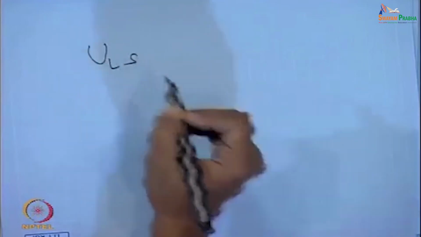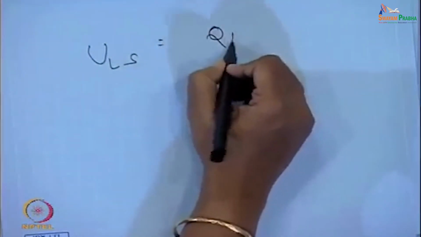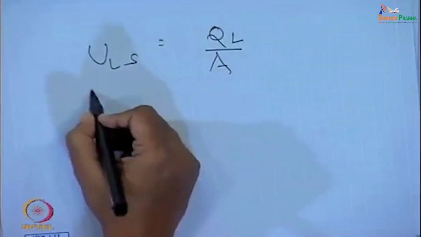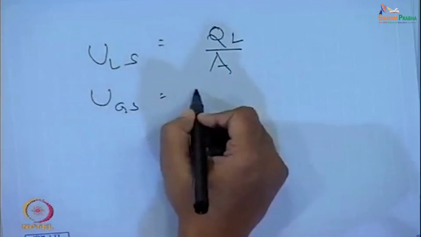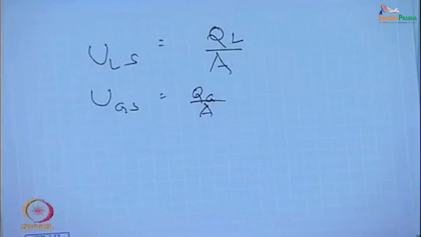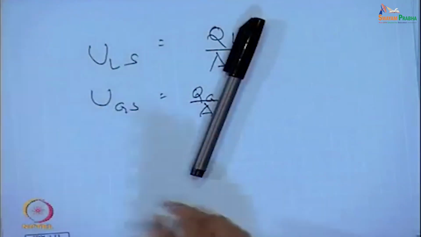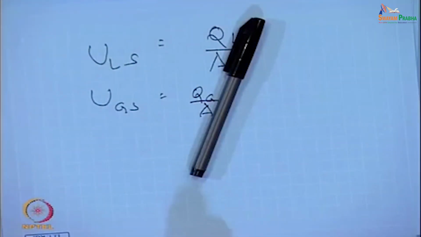We will deal with all the nomenclature in detail after we finish the flow pattern chapter. It is basically the liquid flow rate by the area and the gas flow rate by the area. So these are the superficial velocities, and this is the most conventional way of doing it.